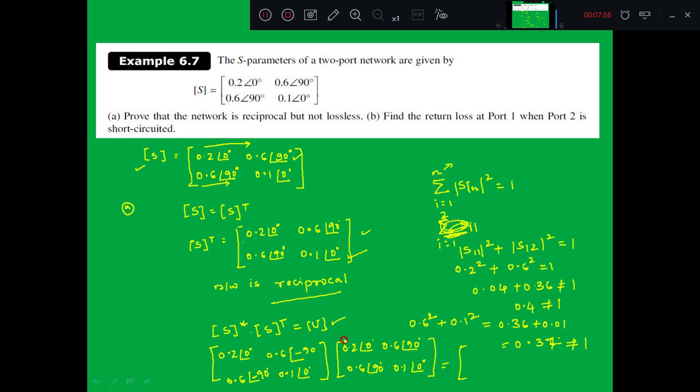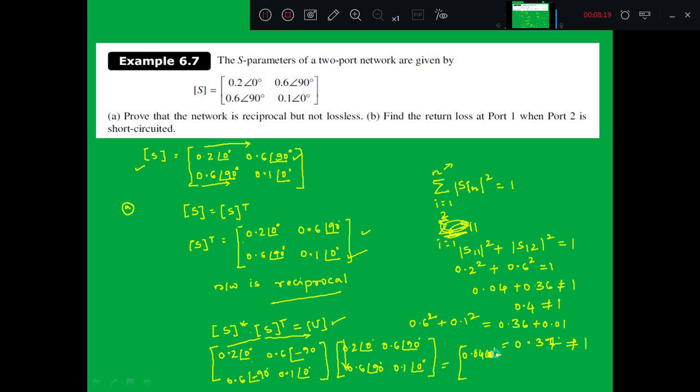This row you have to multiply with this column. 0.2 into 0.2 is 0.04, and the angle is 0.